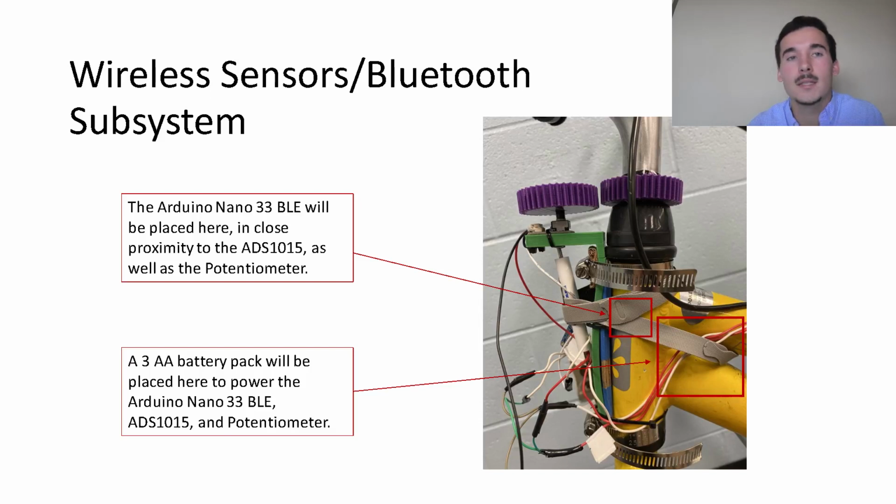And then the ADS1015 converts the data so it can actually be read. So hopefully that is a design for how we're going to convert it to be wireless and still transmit our data to the Raspberry Pi to actually play the game.